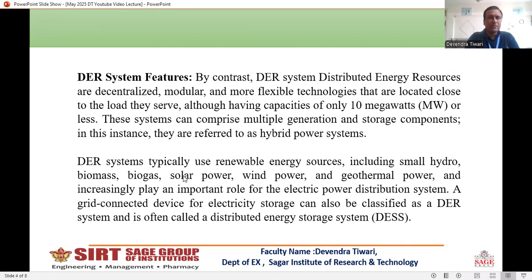Also, DER systems typically use renewable energy sources including small hydropower, biomass, biogas, solar power, wind power and geothermal power, and increasingly play an important role for the electric power distribution system. They can also be classified as distributed energy storage systems because they have the facility of storage also.